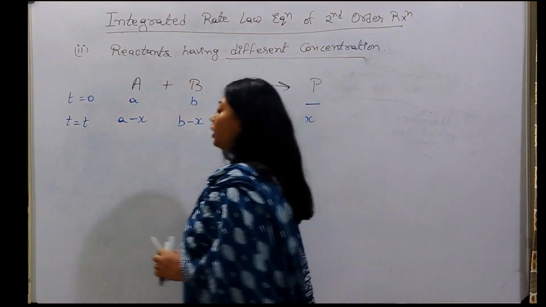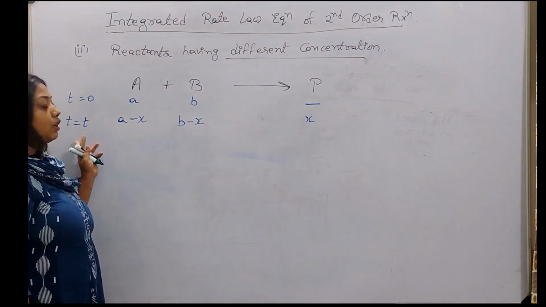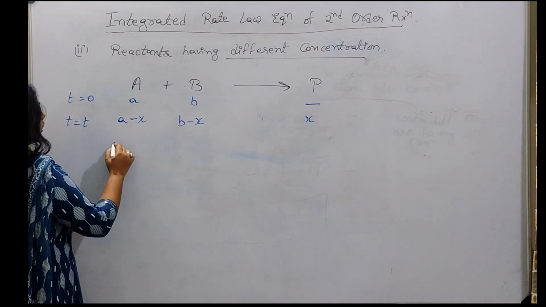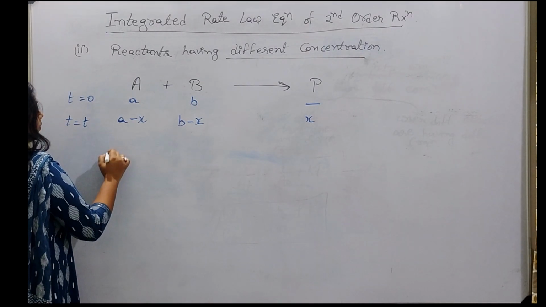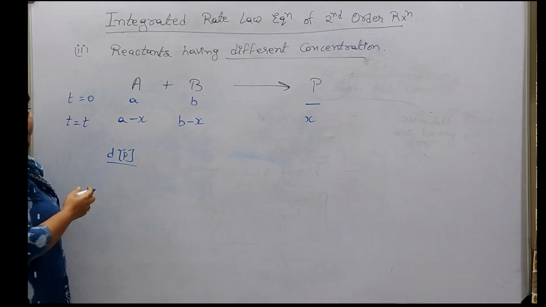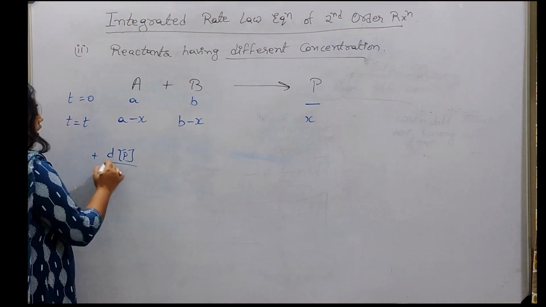Okay. Now we need to write the rate of the reaction at time T. So let's write the rate of the reaction in terms of product. So we can write dP by dt. Since we are writing the rate in terms of product, here it should be a positive sign.